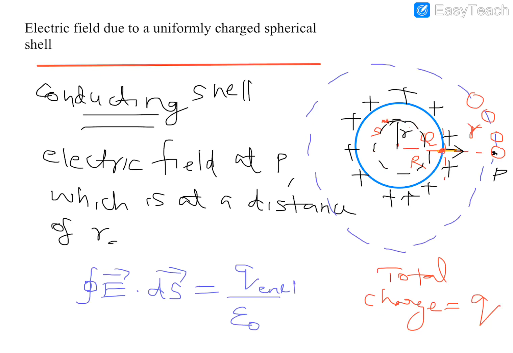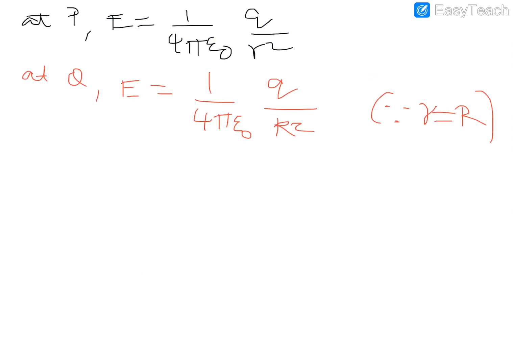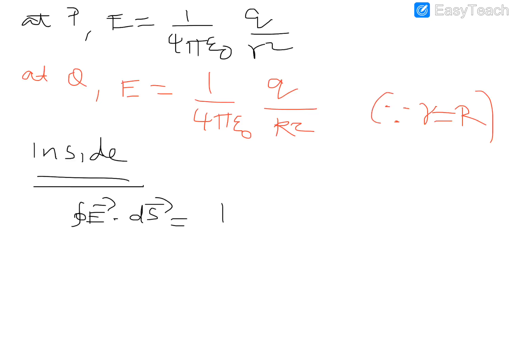So you will get E, this left side will be same, closed integral E dot ds. So you will get E into 4 pi r square. It will be same, isn't it? So inside we are finding the electric field inside. Left side, that is E dot ds, is same as the first case, E into 4 pi r square.